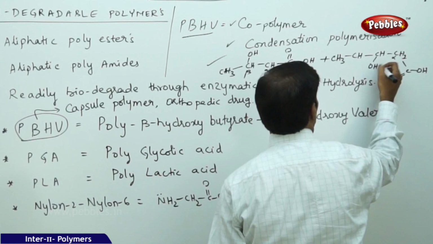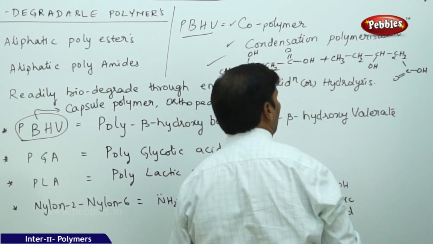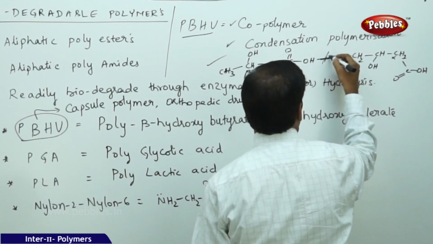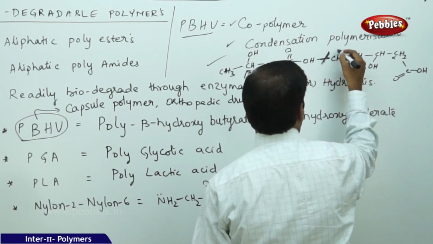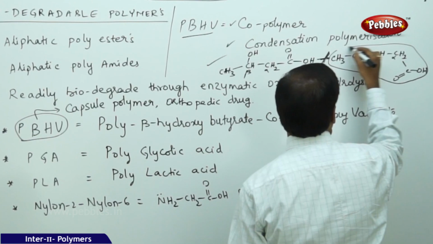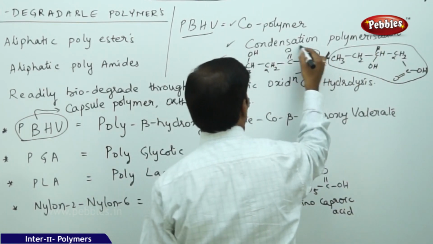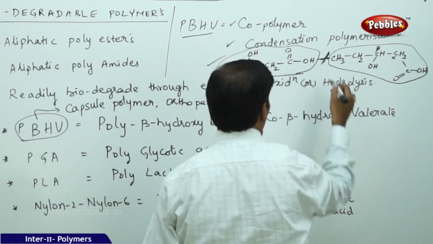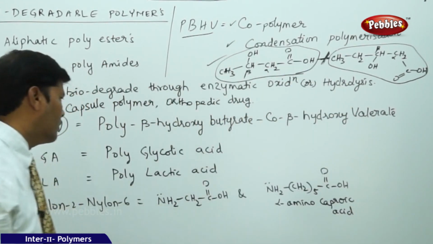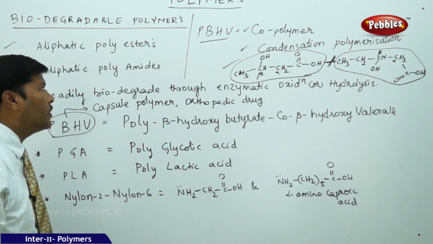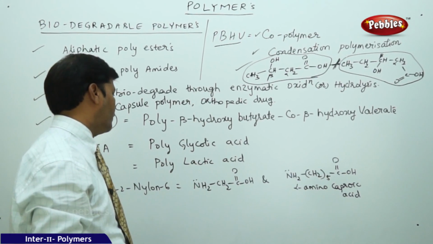So here I am going to place one OH group, and this is CH2. So this is beta hydroxy valerate. This compound is beta hydroxy valerate, and this compound is beta hydroxy butyrate. Both of these undergo condensation polymerization, that is PBHV.